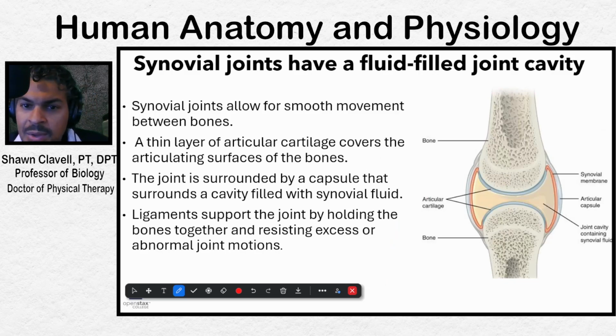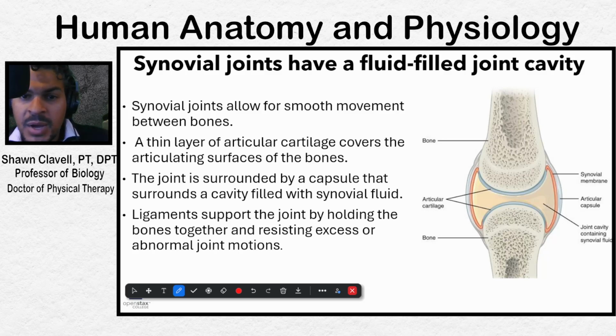And so there goes our introduction into synovial joints, right? A space-filled joint that has fluid in it. It's the type of joint that allows us to get that pop, right?